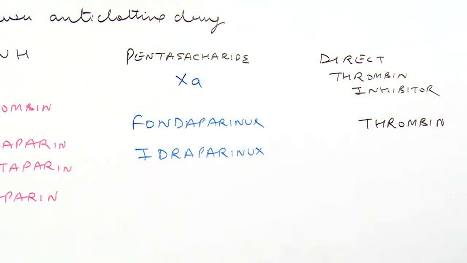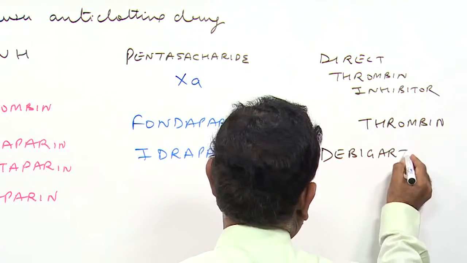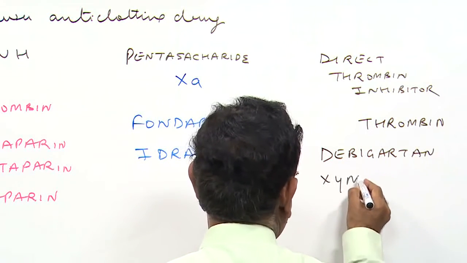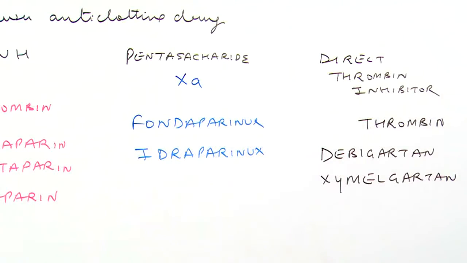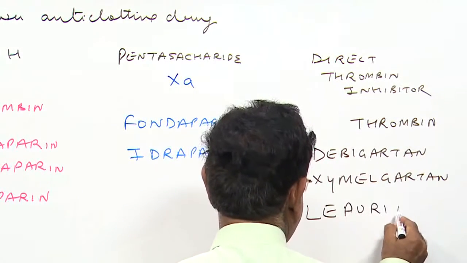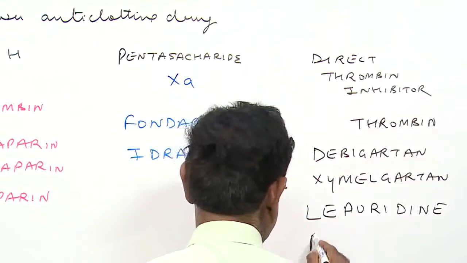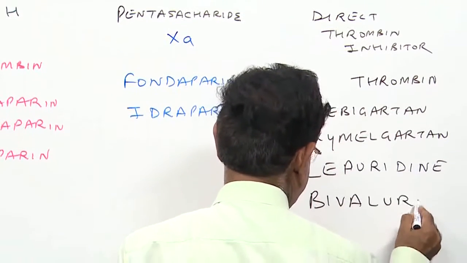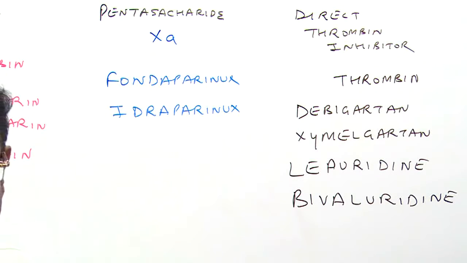Examples are dabigatran, ximelagatran, lepirudin, bivalirudin. Now let's zoom out.